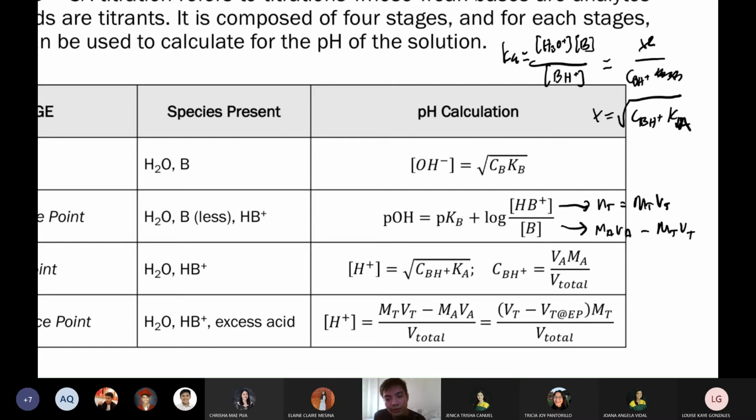How about the concentration of the conjugate acid? Sabi nga natin, the conjugate acid, equal na yung analyte and titrant. So actually, we can use MAVA o kaya MTBT. Okay lang kahit ito gamitin mo. However, the convention tells us that we use MAVA, kasi sa analyte naman talaga manggagaling dapat yung conjugate acid.